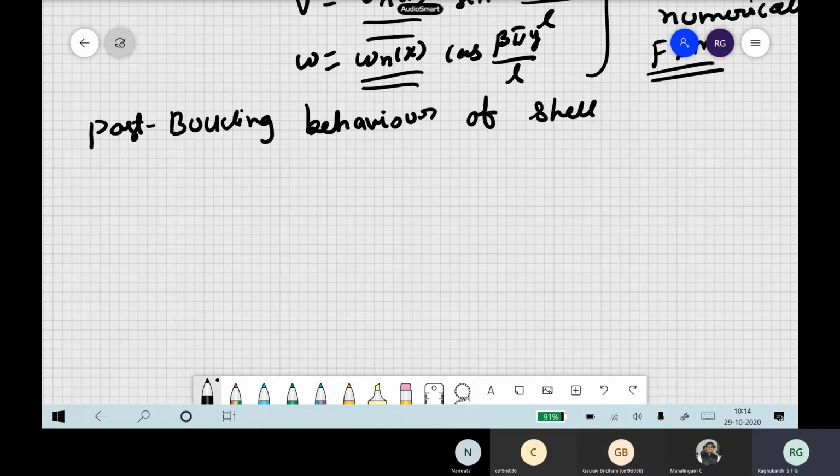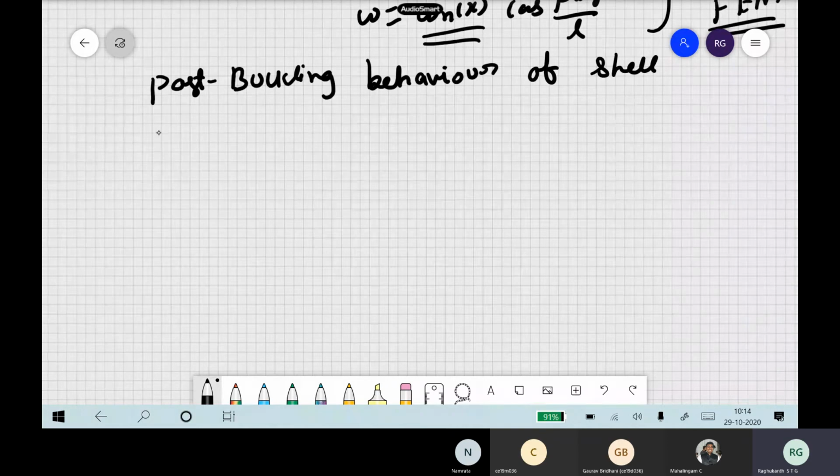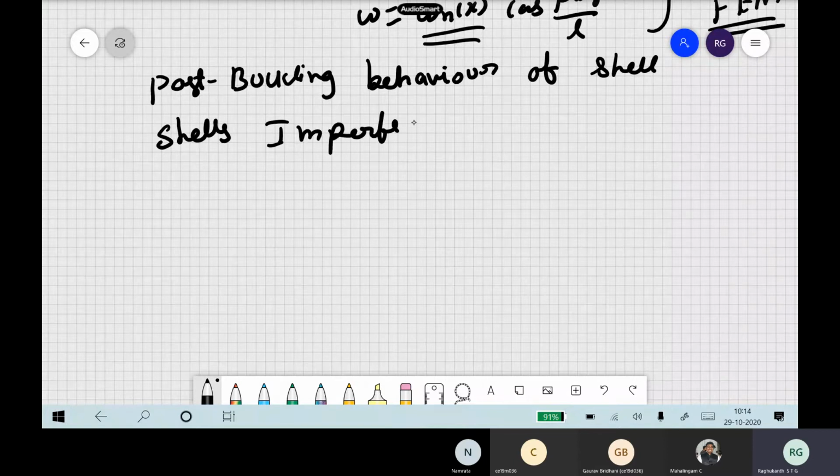But why is this post buckling behavior very important? The reason is, suppose you want to build shells with imperfections. Shell structure construction is very difficult. It's not like ordinary structures, because a lot of skill is involved in making the curvature nicely and perfectly.